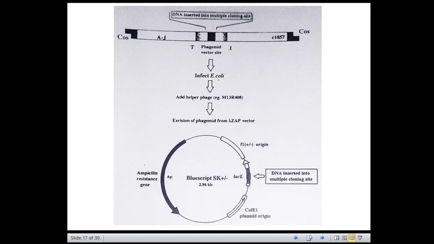That is, the single-stranded phagemid pBluescript may be excised from lambda ZAP by addition of helper phage. So this provides the necessary proteins and factors for transcription between the two sites, that is the I site and T sites, in the parent phage to produce the phagemid with the DNA cloned into the parent vector.